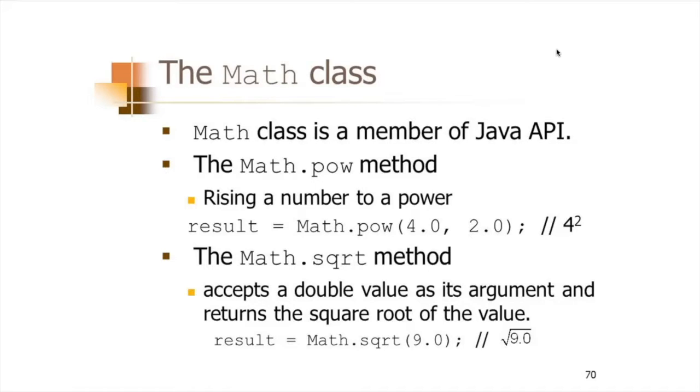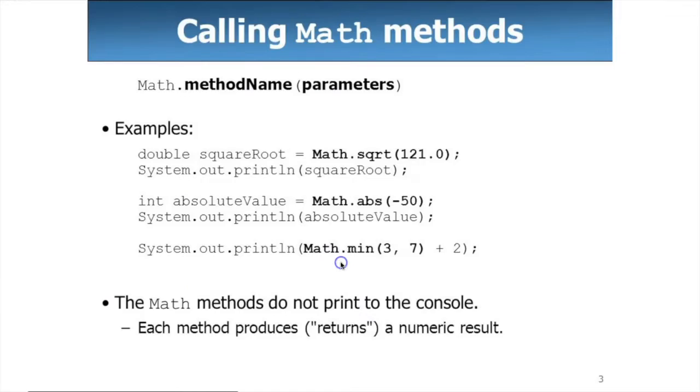Of course, Java has a lot of other math functions in the Math class. For example, to the power of, if you want to raise something to a power, square root. It's got absolute value, minimum, maximum, sine, cosine, tangent, everything that you want. You can investigate that, and indeed you probably will, because your maths teachers are going to ask you to do a little bit of programming later on this year, which is great.